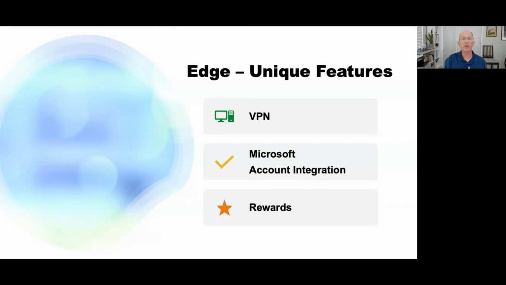So they have a rewards program as an incentive, because they want people to start using it more and more. They have a couple of other things that are obviously unique. Obviously, Edge has that Bing AI Copilot, which I mentioned, but Google has responded by offering Bard.